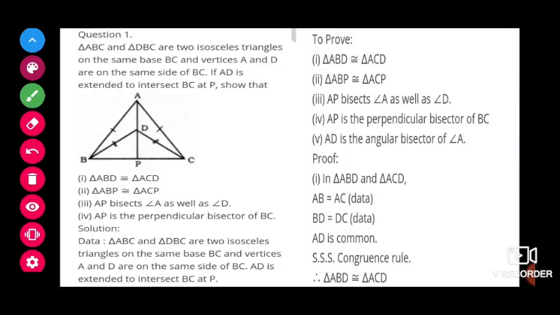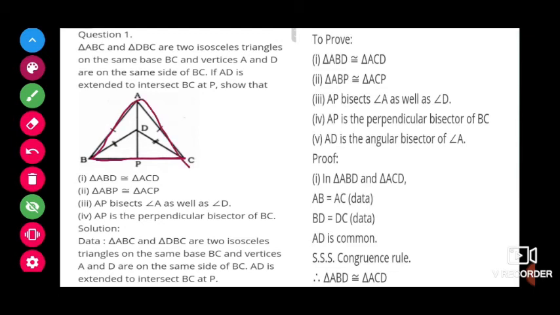Next one, 5.3, children. Whatever I discussed, based on that only it will be, most probably. Now, here ABC and DBC are two isosceles triangles. On a single base, the two triangles are constructed.